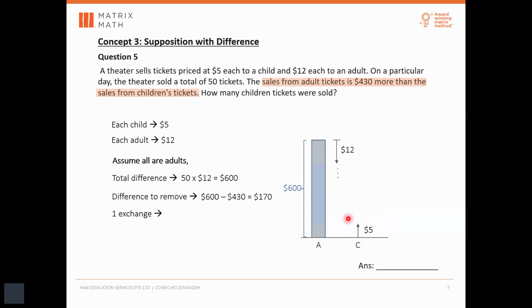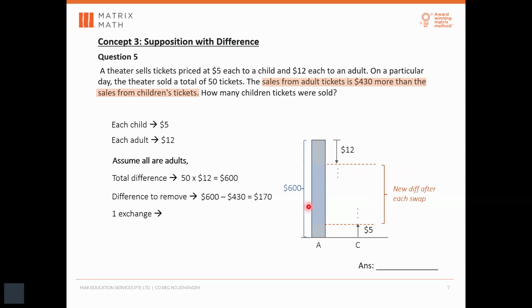That will lead me to my next part of the explanation, which is my one exchange. Can you see that if I were to do this one exchange, this would go down, this would go up. This is the new difference. This over here is the new difference.